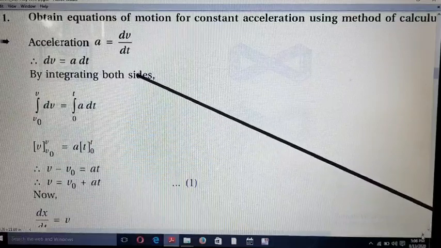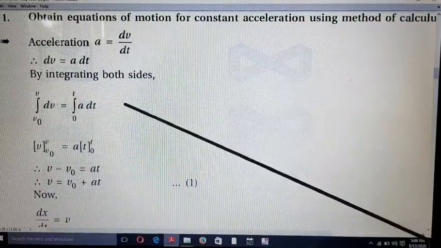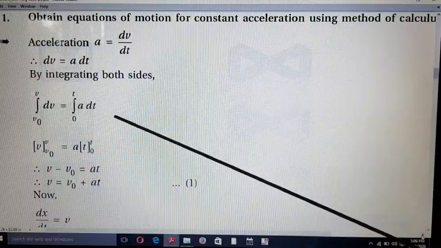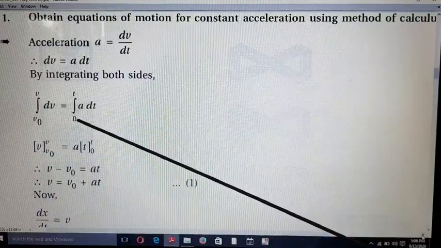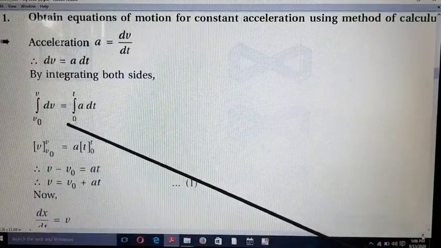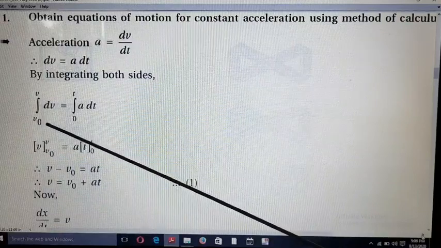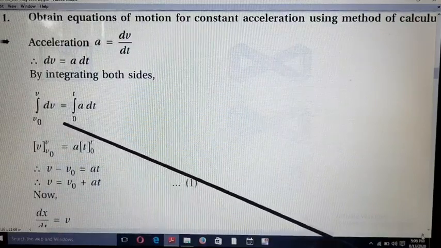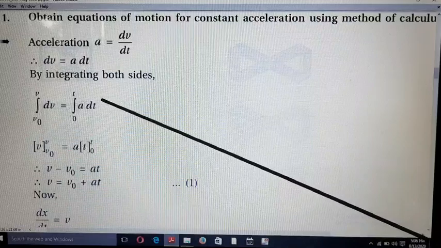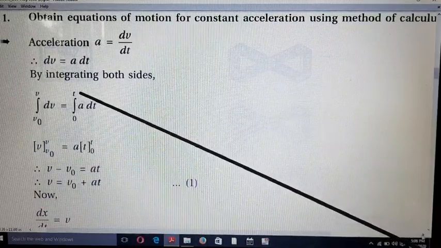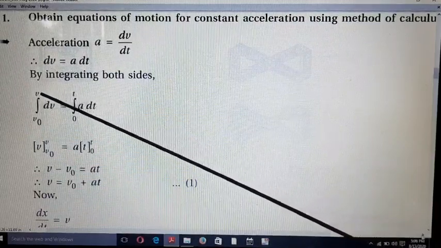Suppose we assume one particle is moving. When time t is equal to 0, at that time its initial velocity is v0. But at time t, its velocity is v.